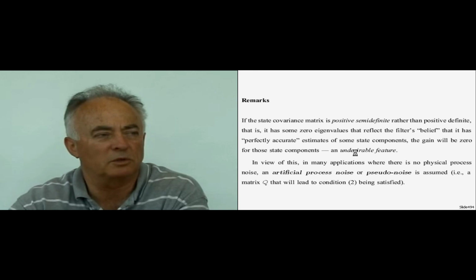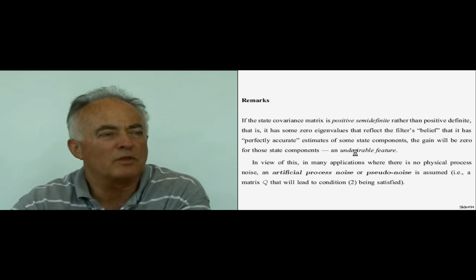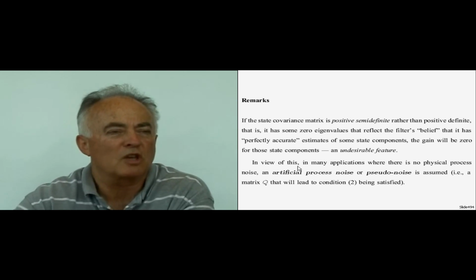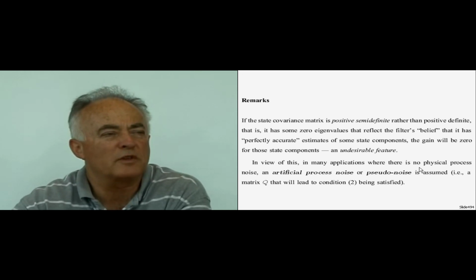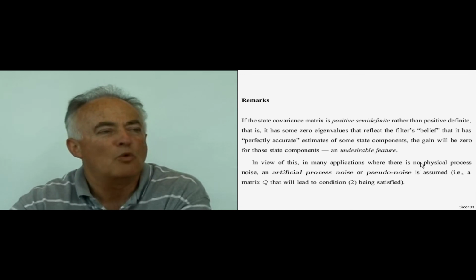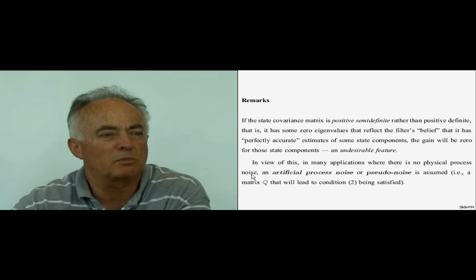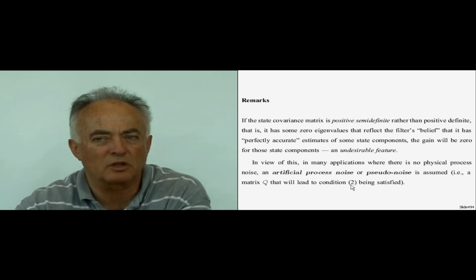It's undesirable. In view of this, in many applications where there is no physical process noise, we still use an artificial process noise or pseudo noise. We assume a matrix Q in the filter model such that our second condition, that is the controllability from the process noise, is satisfied.